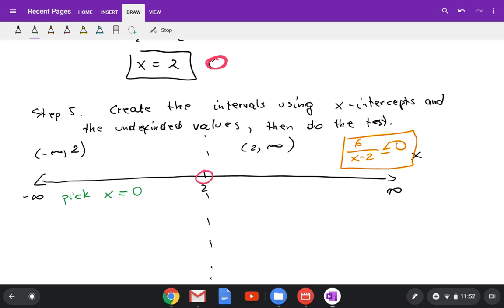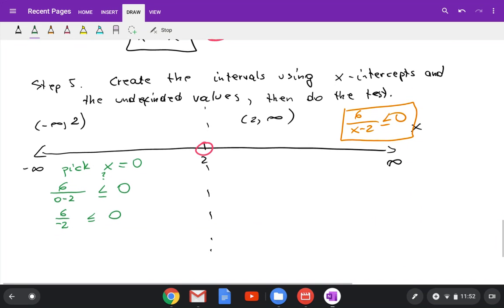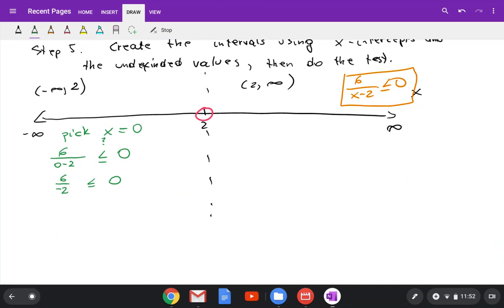Then we have 6 divided by 0 minus 2, and I'm checking if that will be less or equal to 0. So we're getting 6 divided by negative 2, which gives negative 3. Is negative 3 less or equal to 0? Definitely, it's less than 0. So this is true.